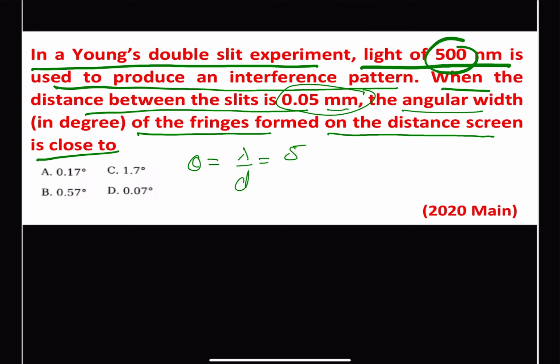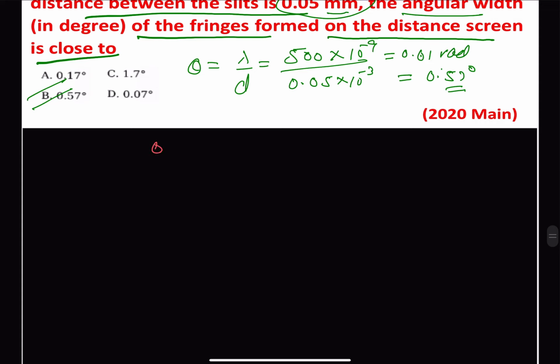So this comes as 500 into 10 to the power minus 9 divided by 0.5 into 10 to the power minus 3, and this comes approximately equal to 0.01 radians, which is 0.57 degrees. Option number B is the correct one.